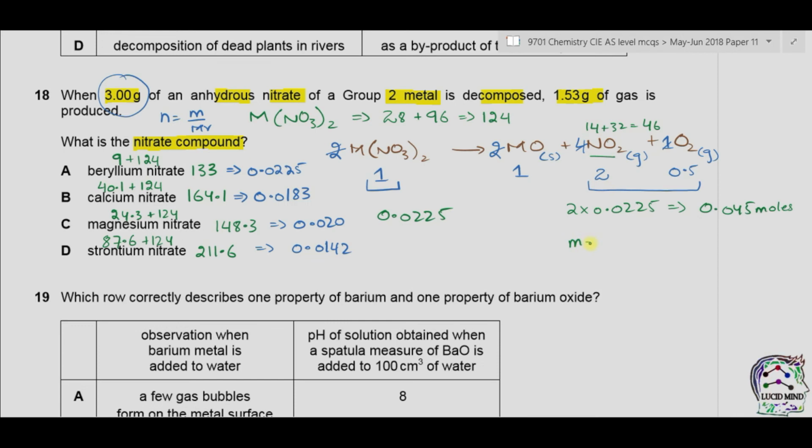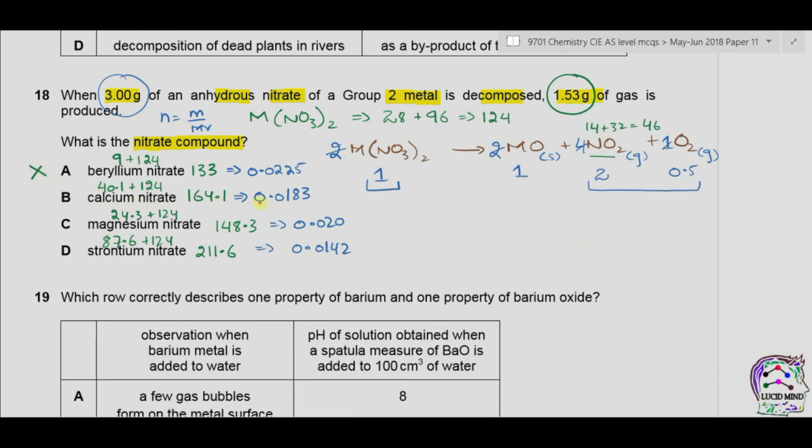So mass in grams is equal to moles into Mr, which is 0.045 times 46, so mass comes equal to 2.07 grams. As the combined mass of these two gases was given as 1.53, it is less than our value, so it means it is not beryllium nitrate.